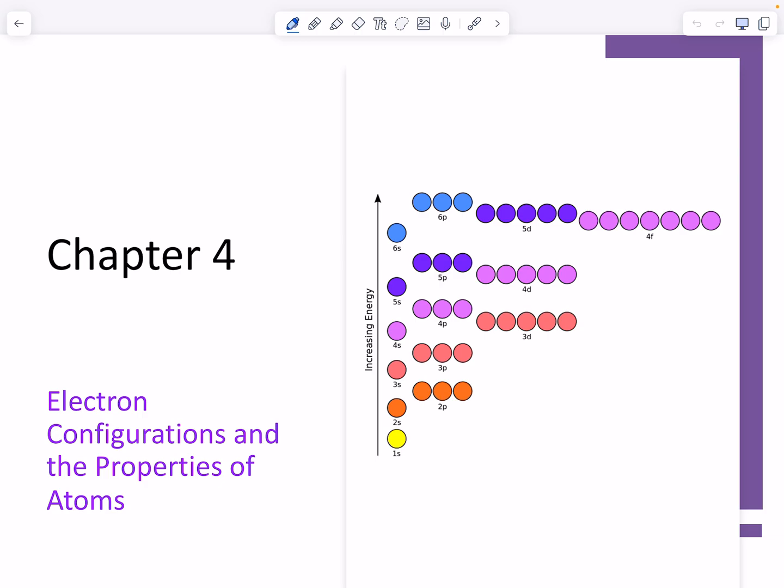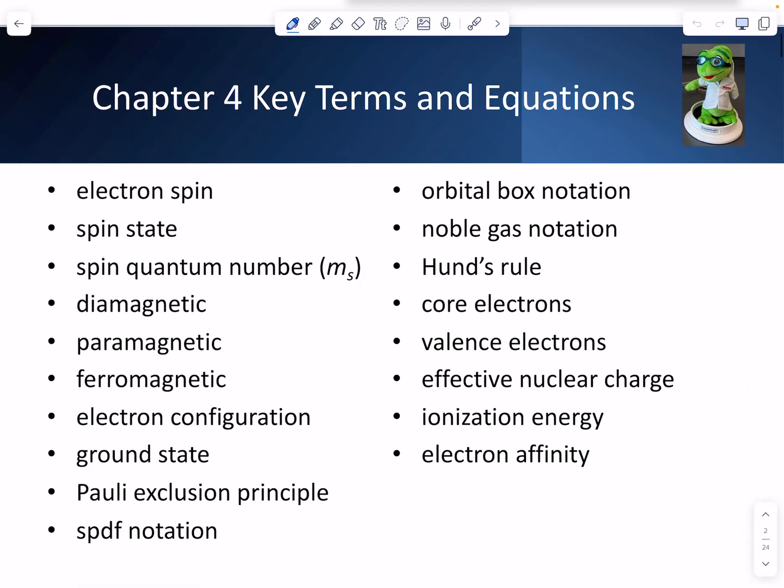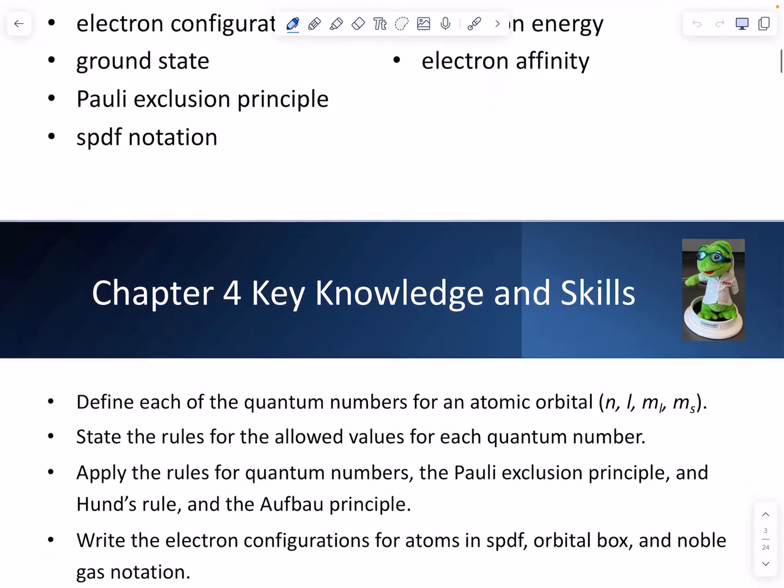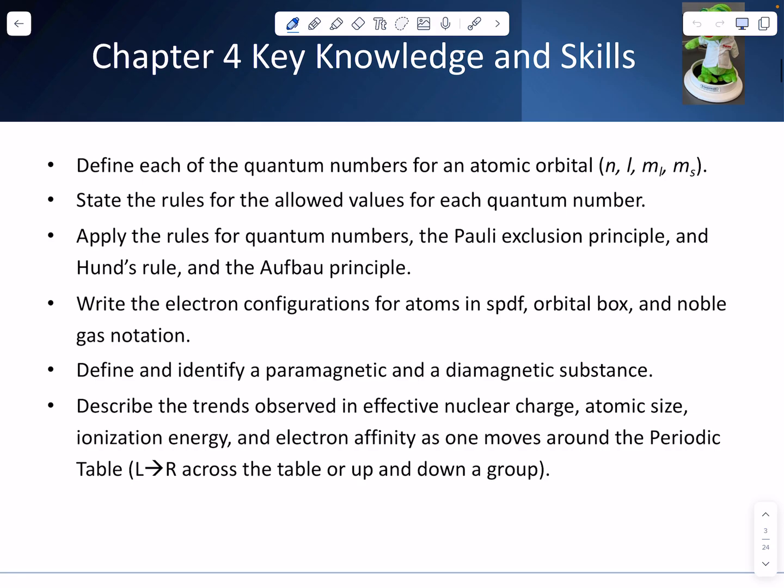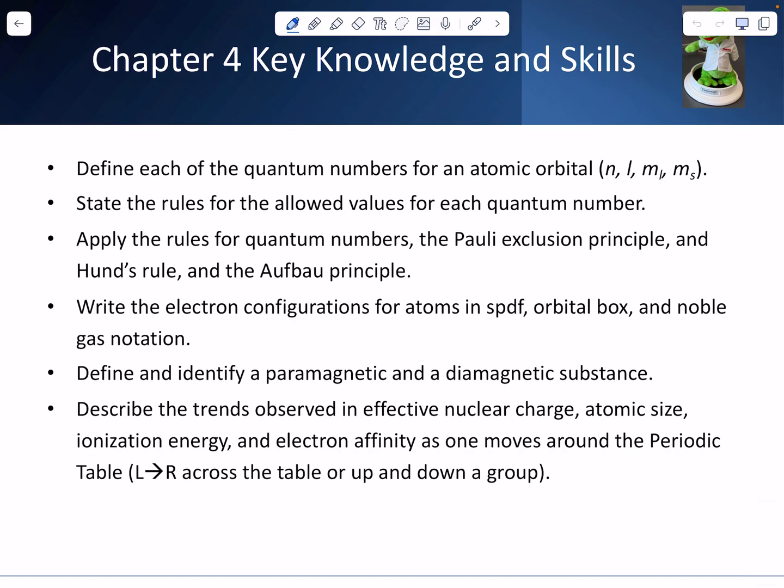So we've got all these lovely new words and terms we're going to use. You'll notice that we are adding a new quantum number, the fourth one, I promise it's the last, and how those quantum numbers are going to dictate where your electron is.